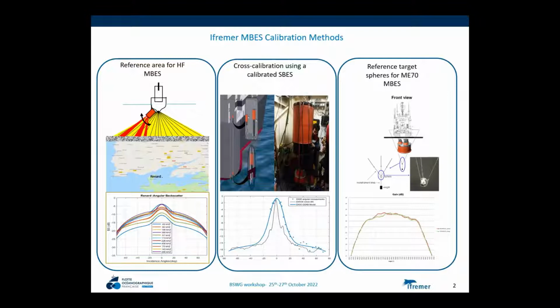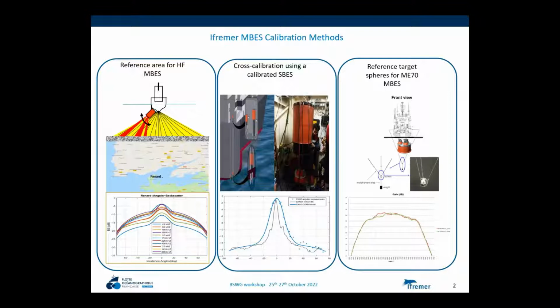We use both systems, the EM304 and the EK80, for the same measurement. Here we have the EK80 measurement, the filter model, and here the EM304 measurement, and when we compare both systems, we can estimate BS4 for the EM304. The 38 kilohertz single beam is fully calibrated with the sphere target.